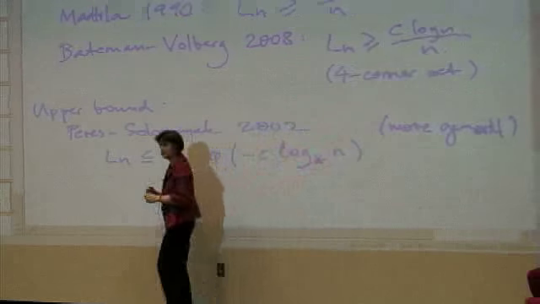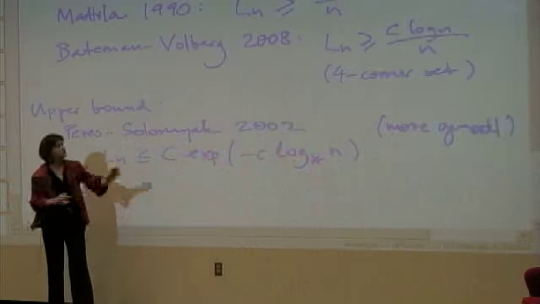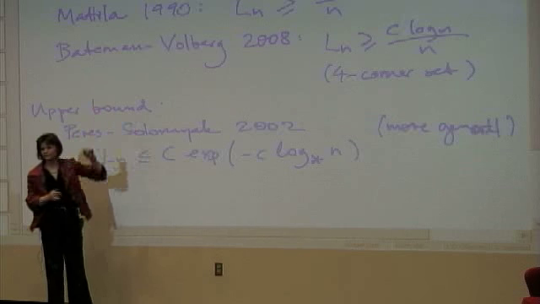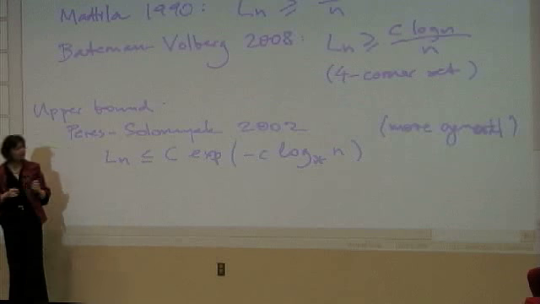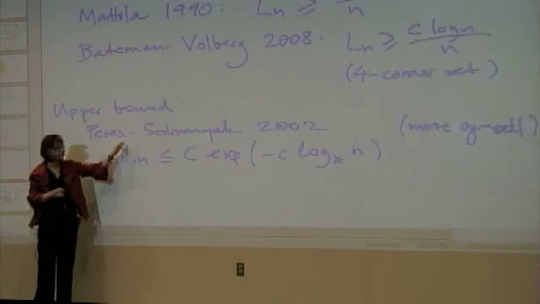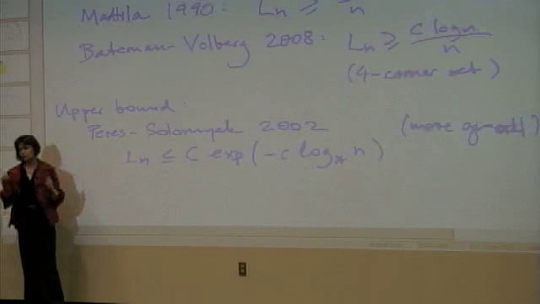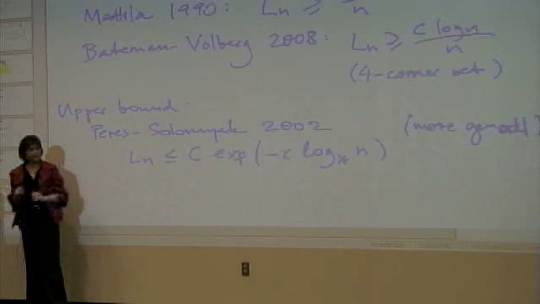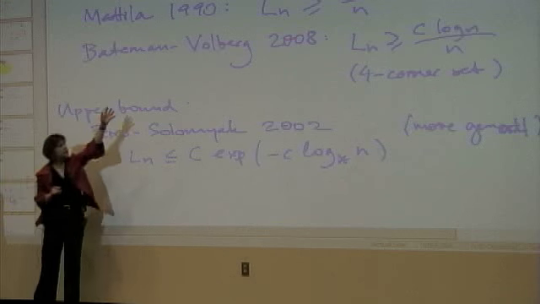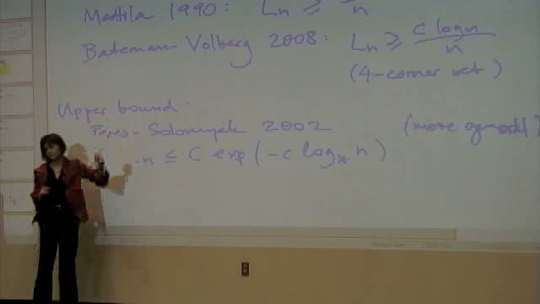We expect that if there is no such direction, then Mathila's bound should be optimal. And in fact, in the same paper, Perez and Salomiak had a construction of random Cantor sets of dimension 1, for which Mathila's bound is in fact optimal.